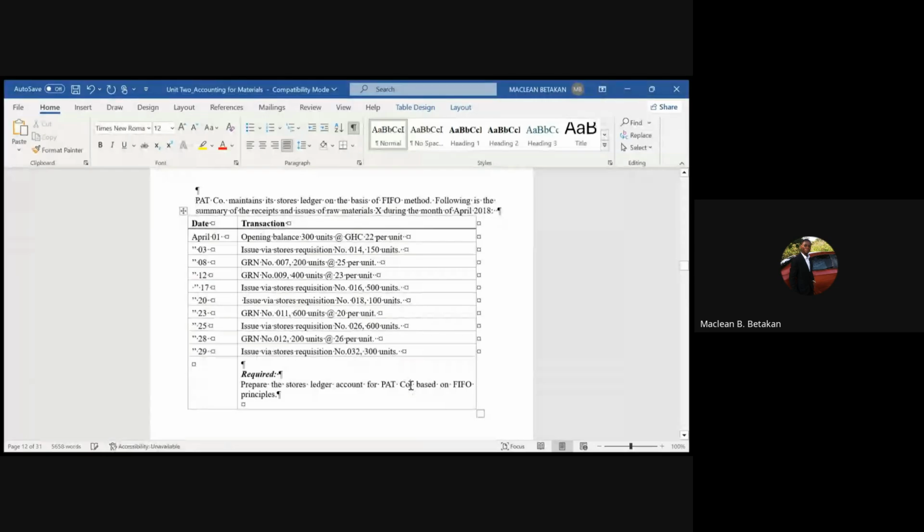Okay, so we are required to prepare the stores ledger account for Partco Company Limited based on FIFO principles.